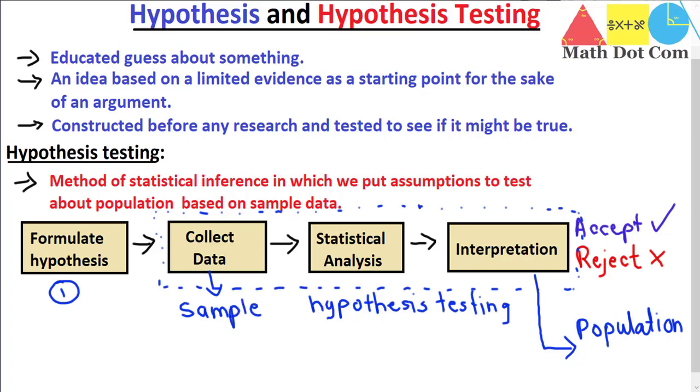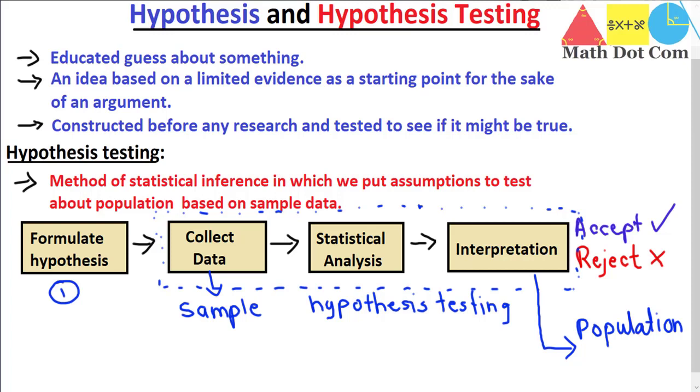So hypothesis testing helps you to make predictions about the population based on the sample. That's why hypothesis testing is inferential statistics, because, as we have discussed, in inferential statistics we extend our decision to the population based on the sample.